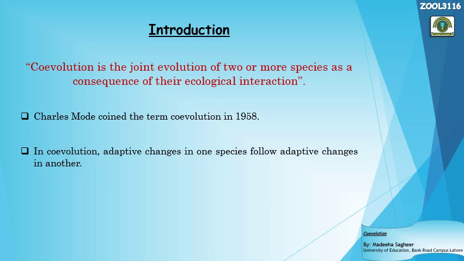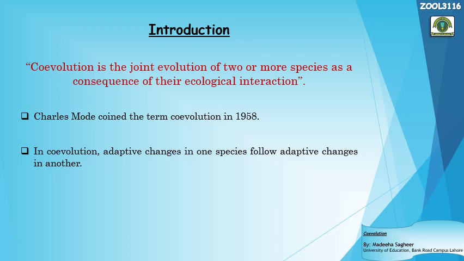Coevolution is when two or more species are living in close relationship with each other, then definitely a change in one species will provoke a change in the other species. In other words, in coevolution, adaptive changes in one species follow the adaptive changes in another. If one species got adaptations due to a change in the environment or due to some ecological behavior, then this change in a particular trait of one species will provoke a response change in the associated species, right?